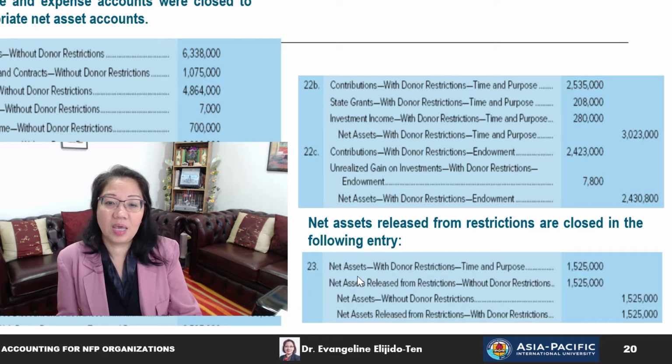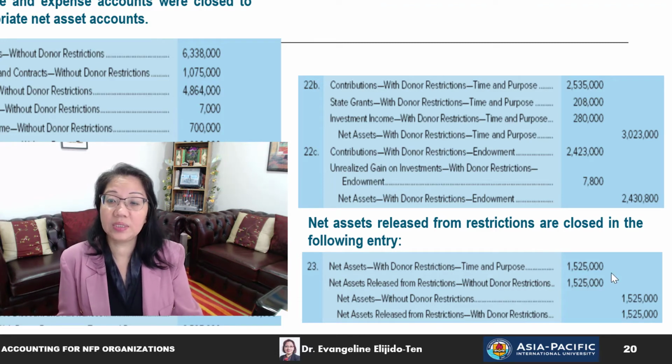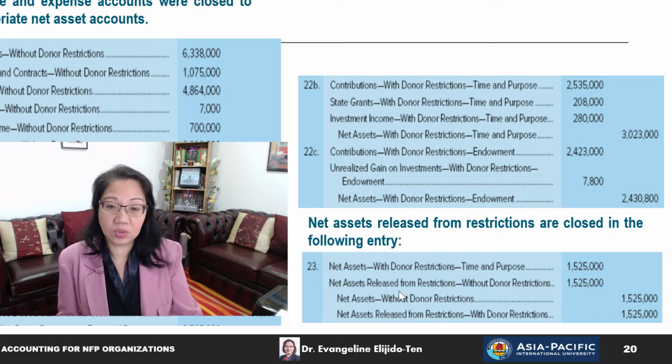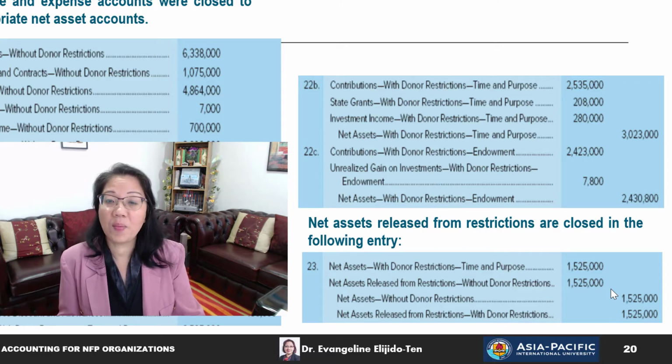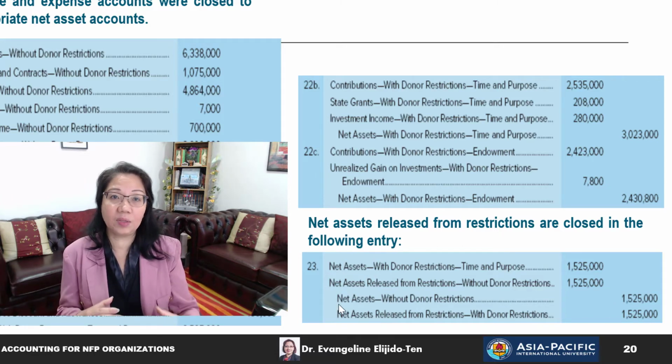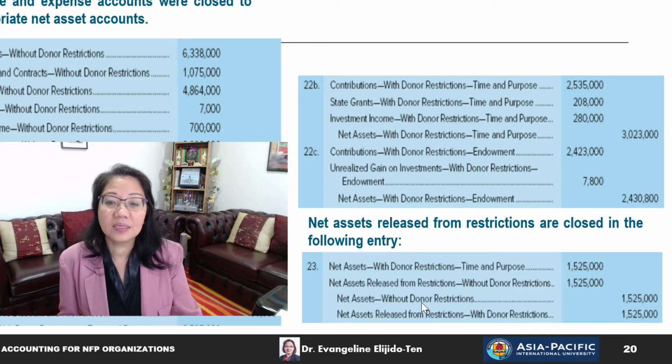So we are debiting net assets with donor restrictions, time and purpose for 1,525,000. Debit also net assets released from restrictions without donor restrictions for the same amount. And our credit would be to net assets without donor restrictions as well as net assets released from restrictions with donor restrictions for the same amount.